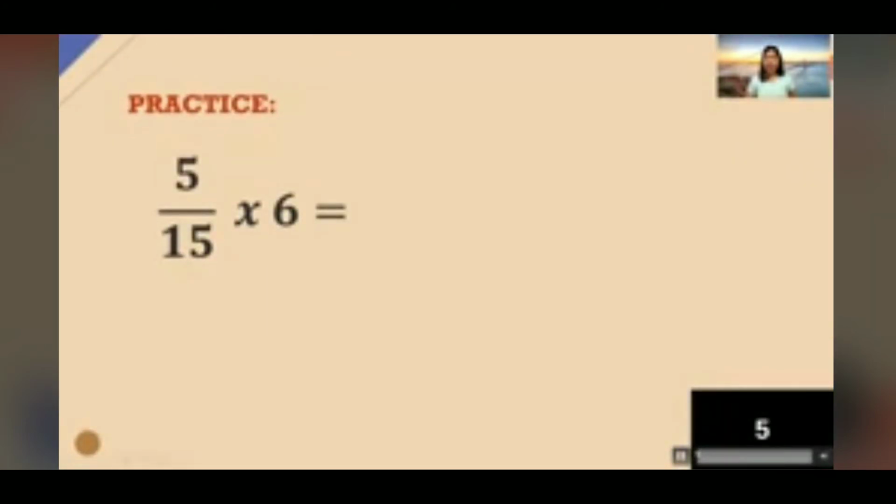And here is your minute. Here is a fraction and a whole number.